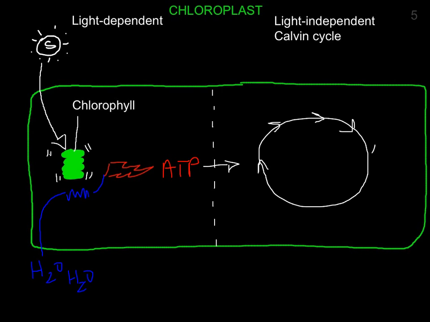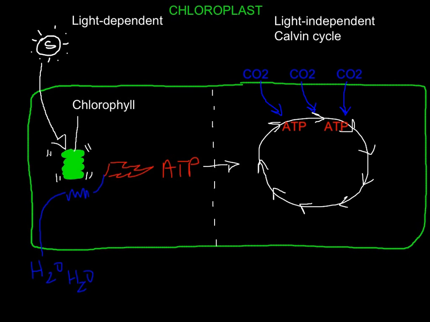Okay, so now we know that the Calvin cycle has ATP to act as a source of energy, but the Calvin cycle now also needs a source of stuff, something to build the plant out of. And the something that matter is going to come from is CO2 from the atmosphere.